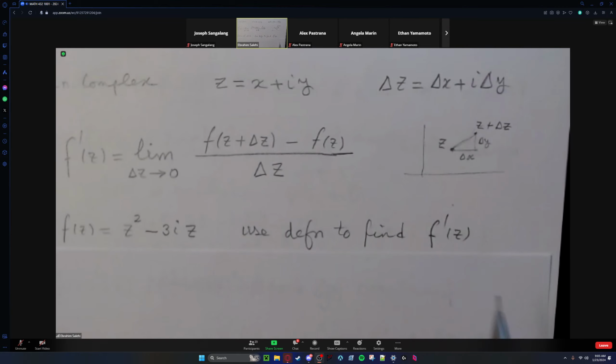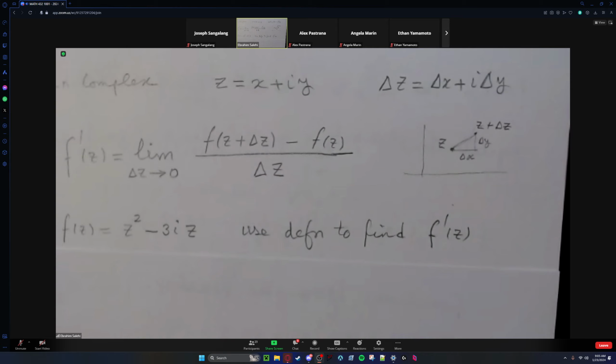For this function, this is an example, and you are going to have a problem like this later in your test. I will give you a function like this one, and I will ask you to go ahead and find the derivative by using the definition, all right?